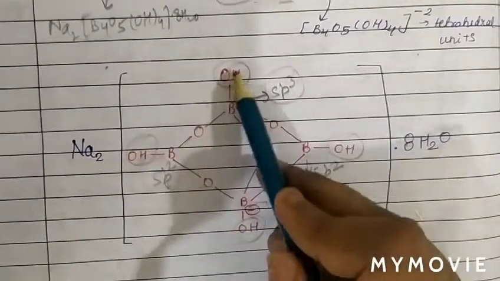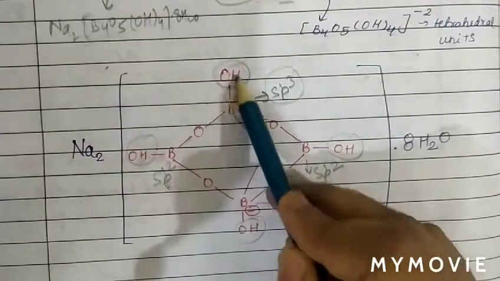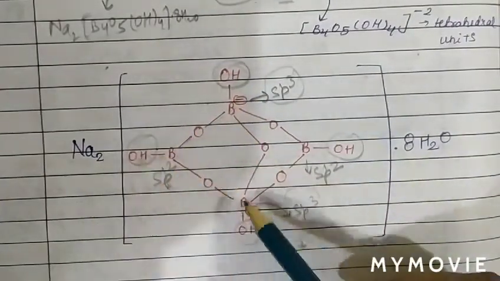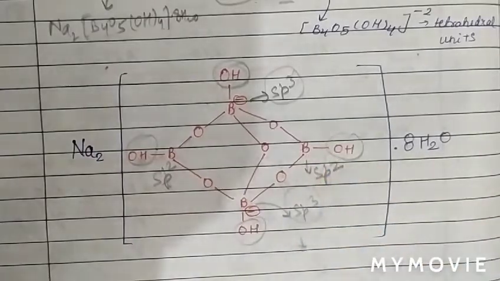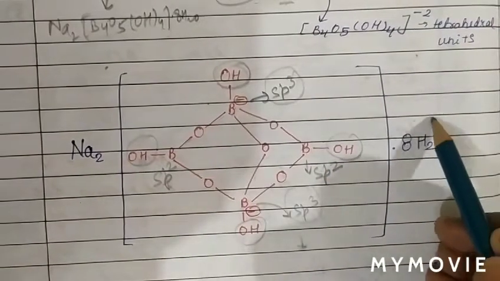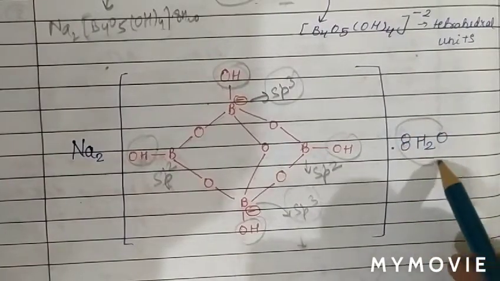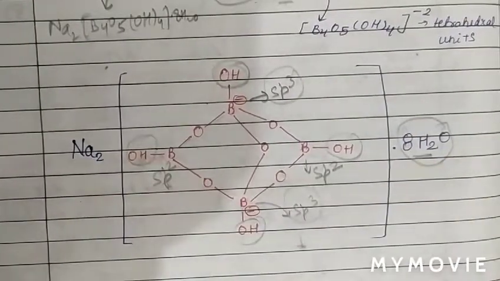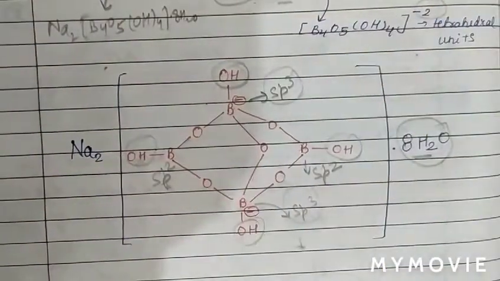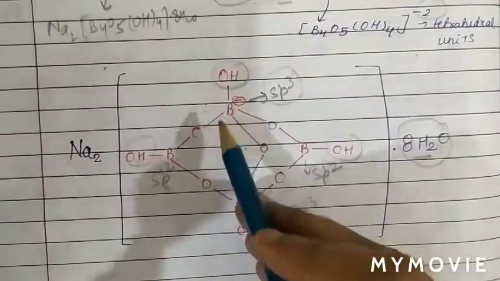And how many B-OH bonds are present? 1 B-OH bond, second, third, and 4 B-OH bonds. So 4 B-OH bonds are present. And how many water molecules are present outside the complex? 8 waters of crystallization. And how much is the charge on the complex? Which is -2.